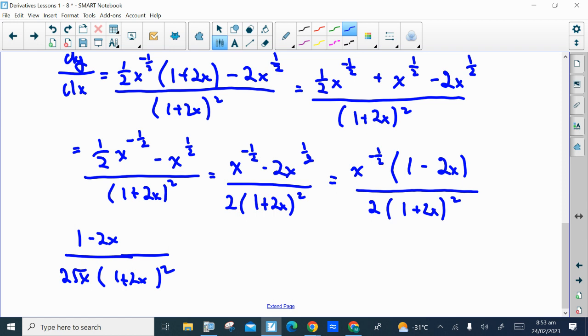And the last thing that, again, you might see happen is normally we don't leave answers with radicals in the denominator. So if we multiply top and bottom by root x, it'll be root x on top times 1 minus 2x over 2x bracket 1 plus 2x all squared.